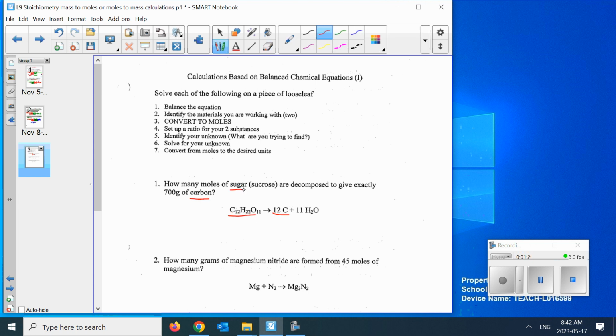And I'm teaching you a way to think about this. This is step one, and it could have been phrased better by me, but if necessary, convert to moles. Let's read this. How many moles of sugar? Well, the given information is grams, so I am going to have to convert to moles. 700 grams carbon. Now, I'll write it like this.